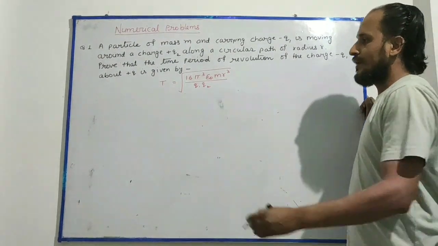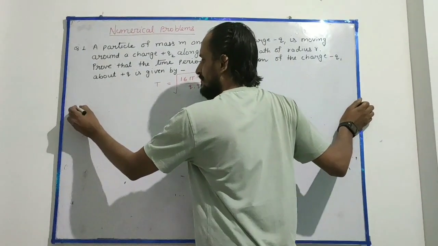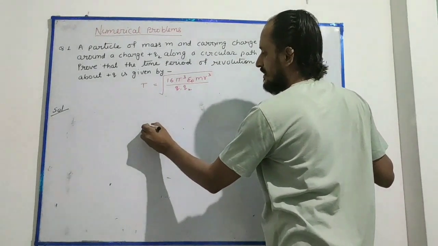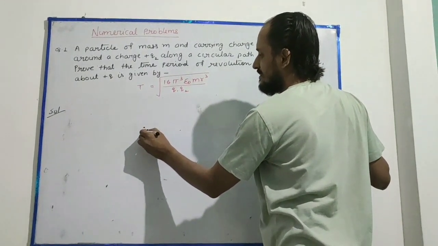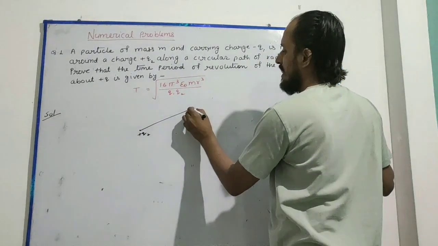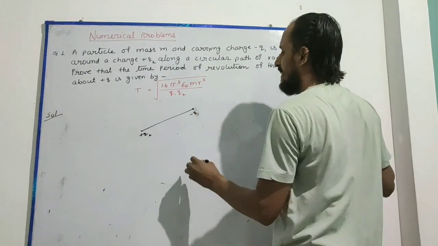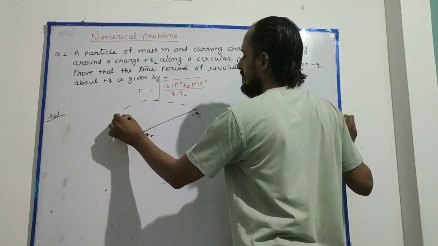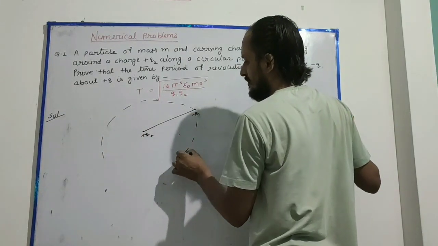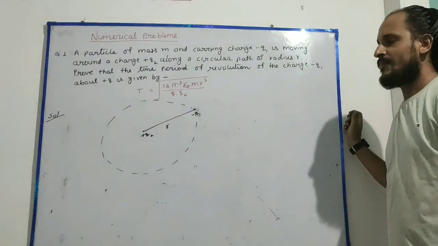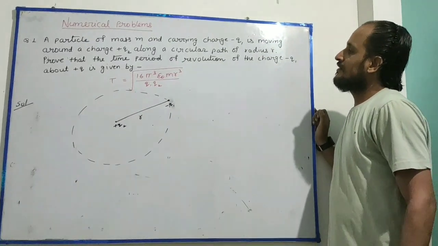So according to the question, a charge minus q1 is moving around charge plus q2 on a circular path, and the radius of circular path is r. Clear?